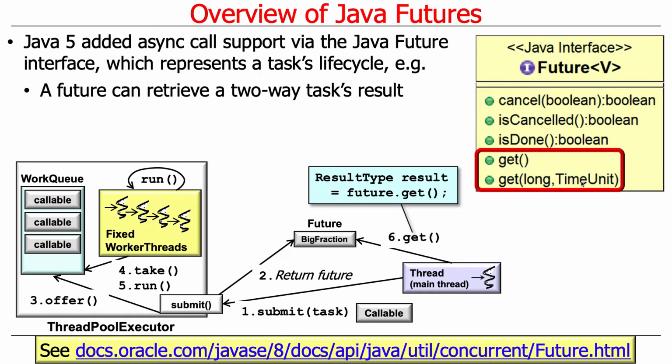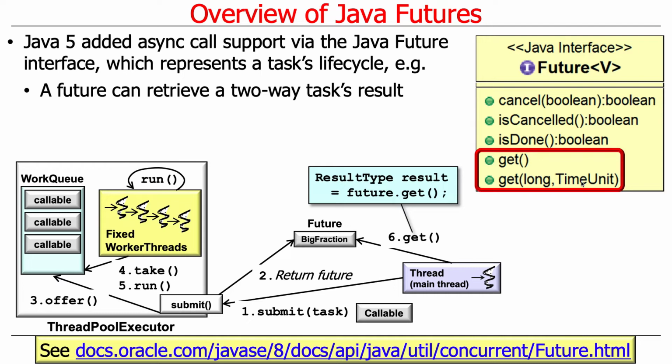So you can submit work that will run asynchronously. And when you submit something to the executor service or the thread pool executor, you get back a future. And this future can be used to retrieve the results of a two-way task which is running asynchronously when the task is done.